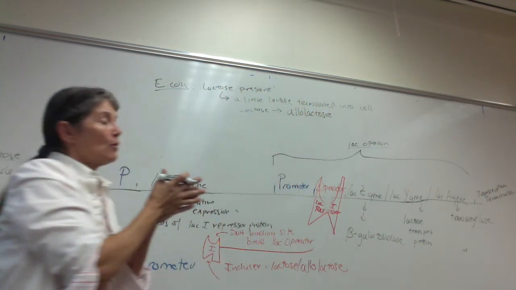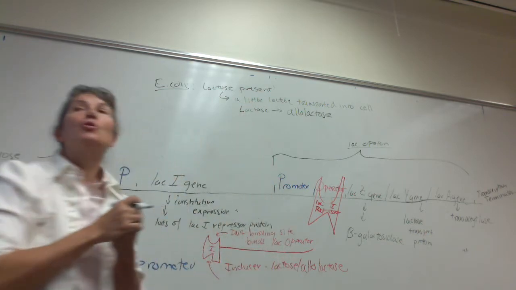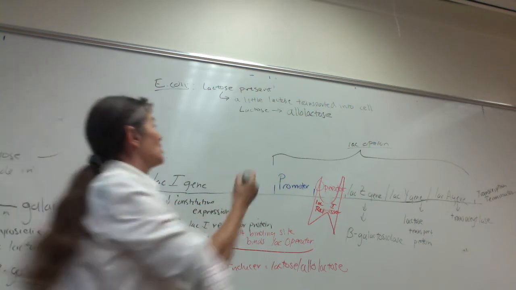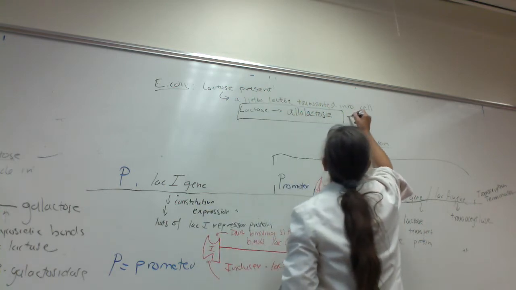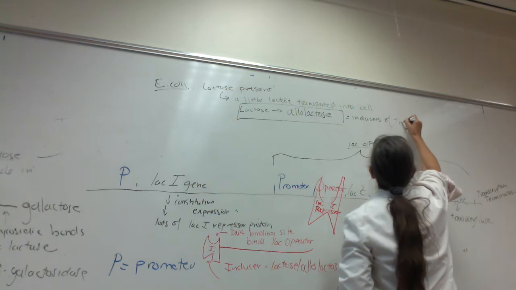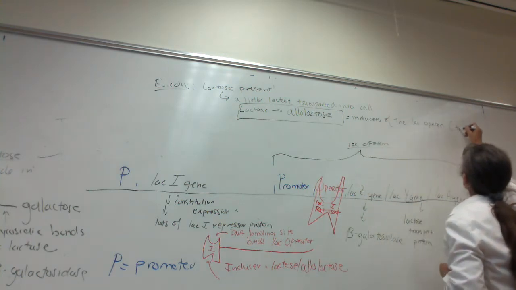And folks, for our lecture exam 2, if I ask you what is the inducer of the Lac Operon, that is, which molecule turns on transcription, you can tell me either lactose or allolactose. These are the inducers of the Lac Operon. And what I mean by that is that they're going to turn on transcription.